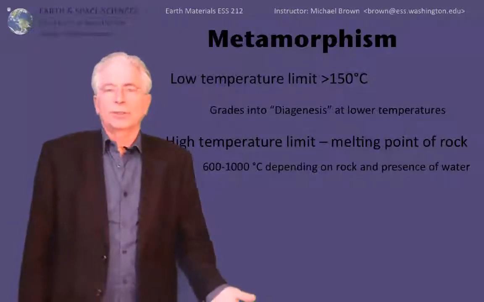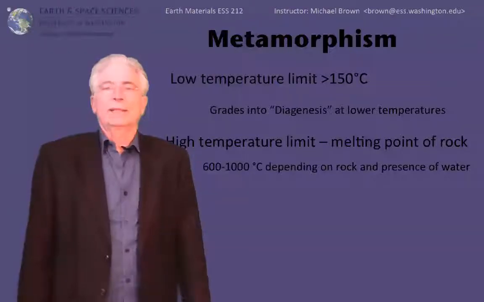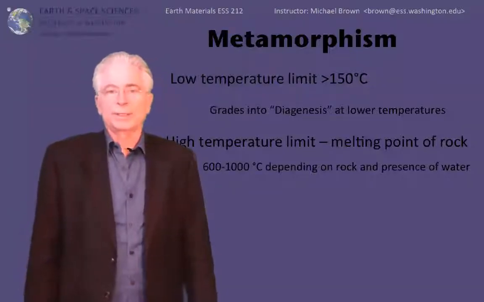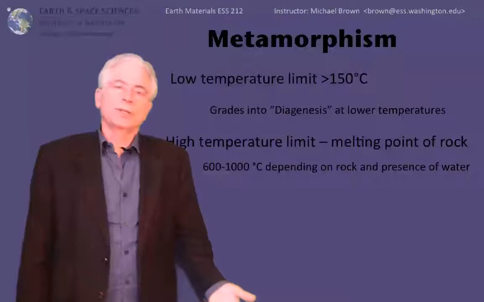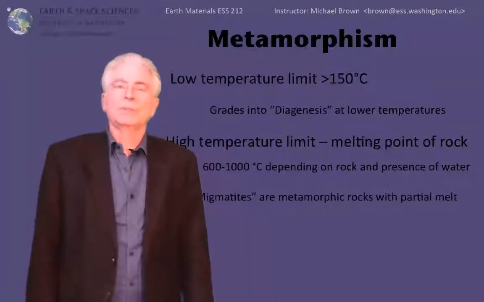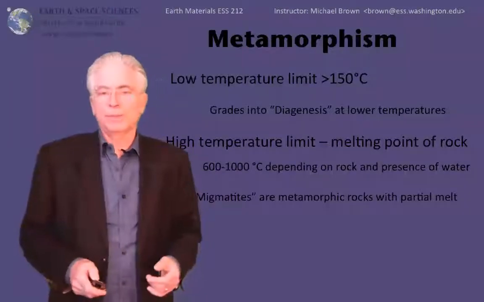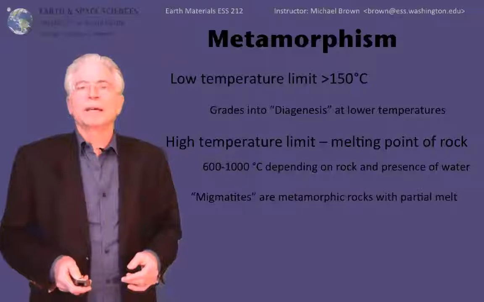And that temperature limit depends on what kind of minerals you have and whether there's water present. A nominal range is somewhere between 600 and 1,000 degrees centigrade. You can have a metamorphic rock that contains partial melt, and these are called migmatites.